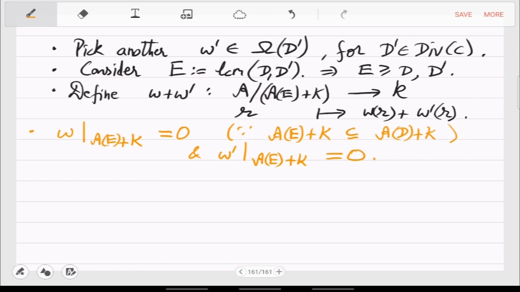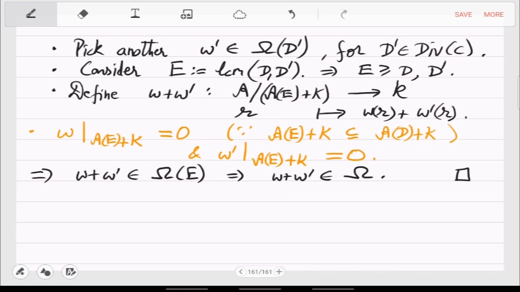Yes, omega and omega prime, in other words, are actually differentials in omega E, and you can add them, and you will get another differential in omega E. And hence, you can add any two differentials. That's all. Right, so I have shown you how to multiply a differential with a function, and how to add arbitrary differentials over different divisors. So that's a big K vector space.